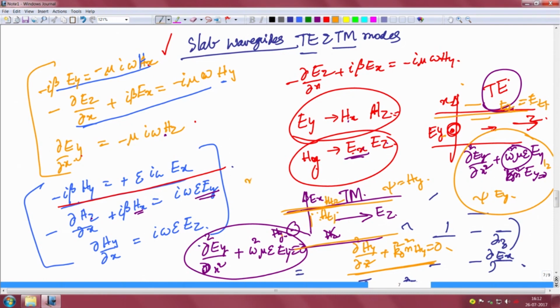For example, at this point you have n1 HT1, where this is the component Hy. You have the Hy component expressed in terms of the Ex component. So, the boundary condition reduces to n1 square Ex1 equal to n2 square Ex2.